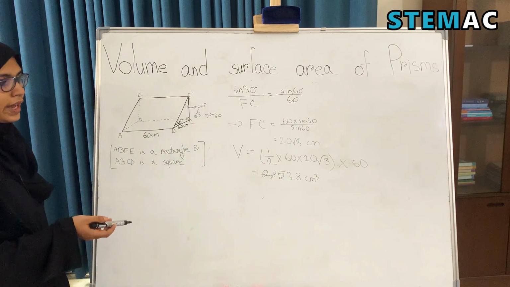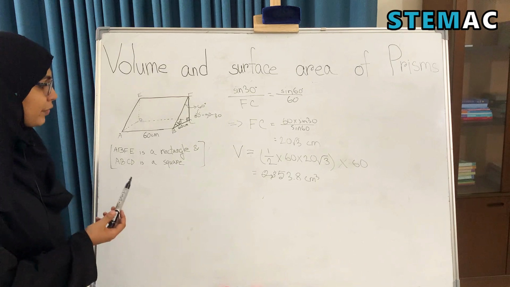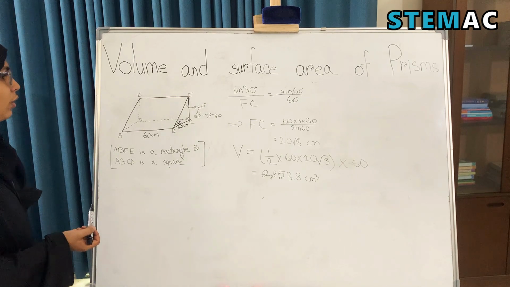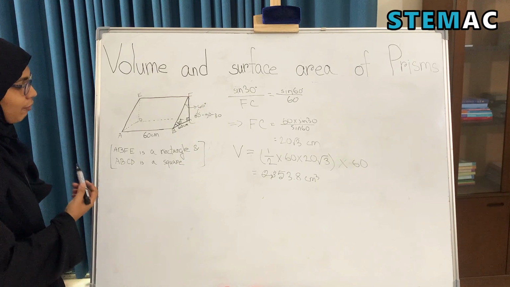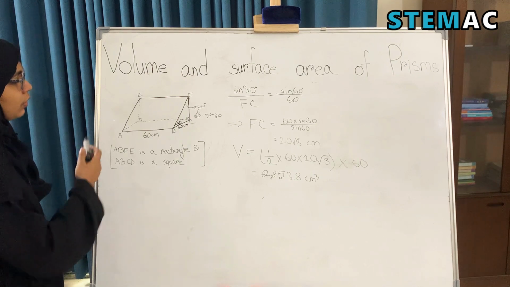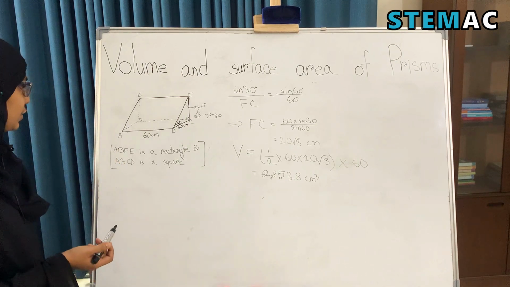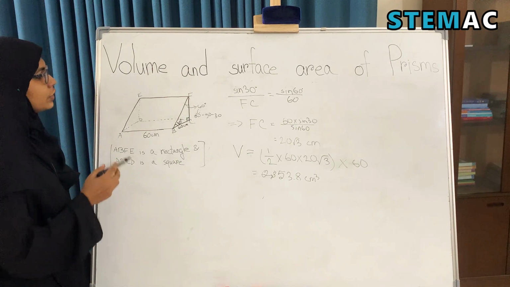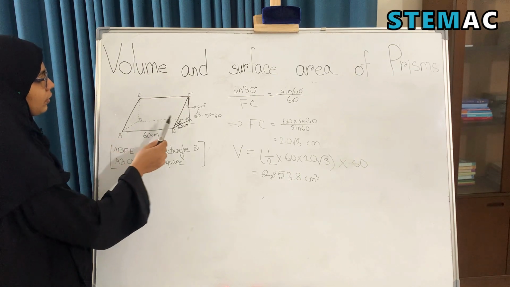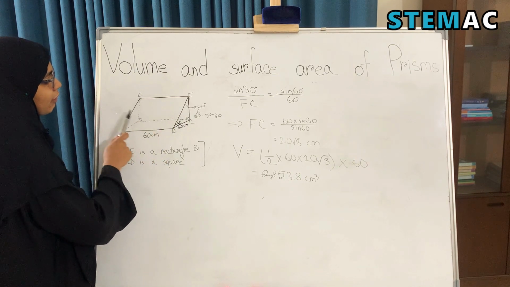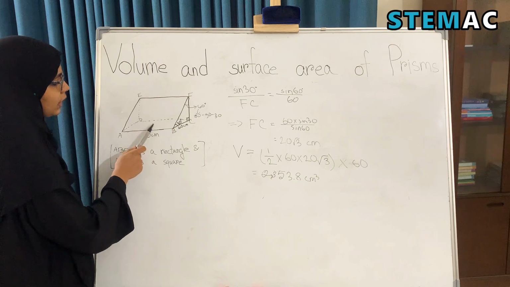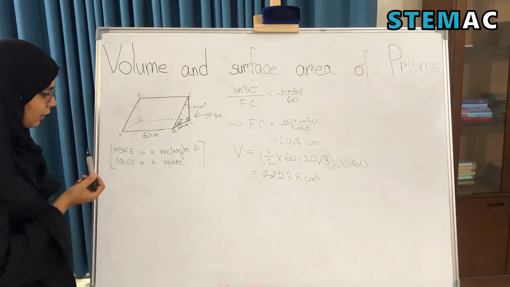Now that we have found the volume of this prism, we are going to find the total surface area of this prism. So this prism has 2 triangular faces and 3 rectangular faces.